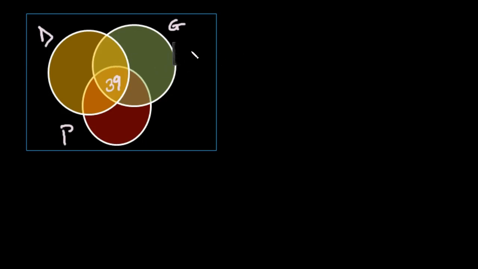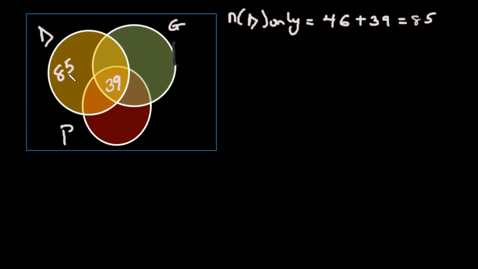So now, D only, we know that our number of D only is 46 plus x. Now that our x is 39, 46 plus 39 will be equals to 85. So you can fill that in here as 85.